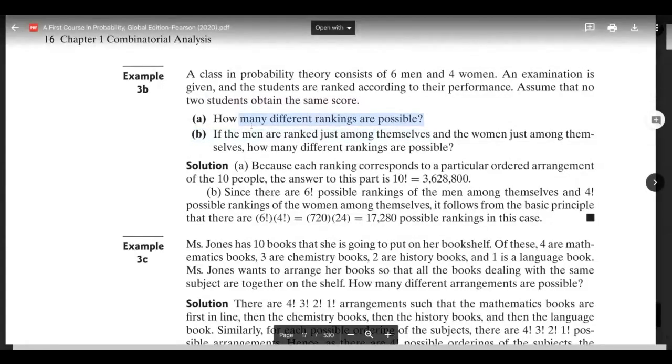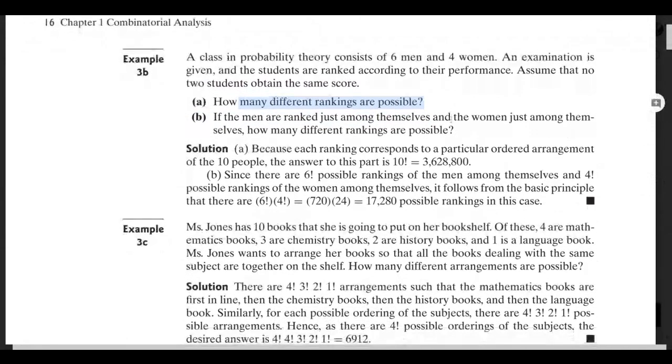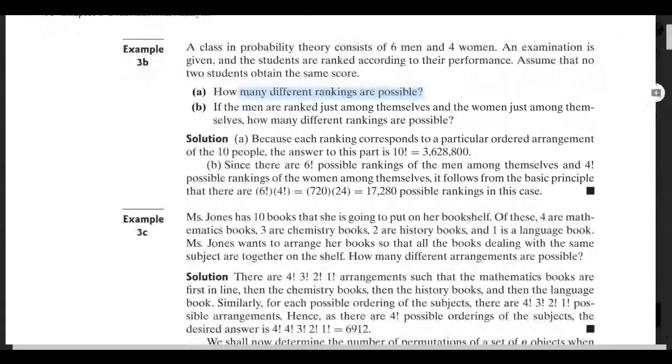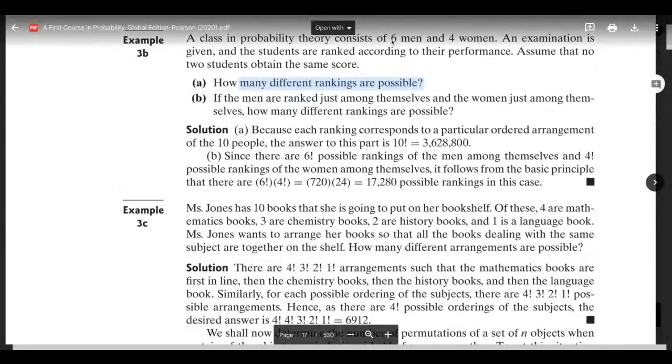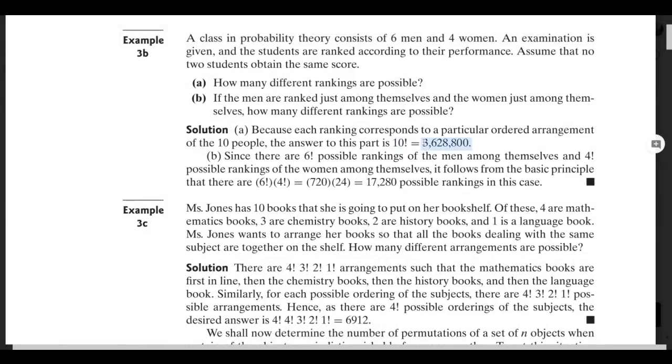Well, 10 factorial, because 6 plus 4 is 10, and each one has a different grade. So 10 factorial different rankings, which is 10 times 9 times 8 until multiplied by 1, which is this big number.